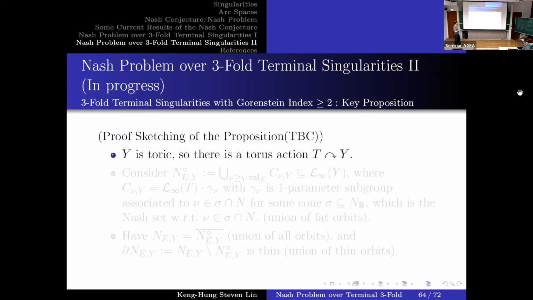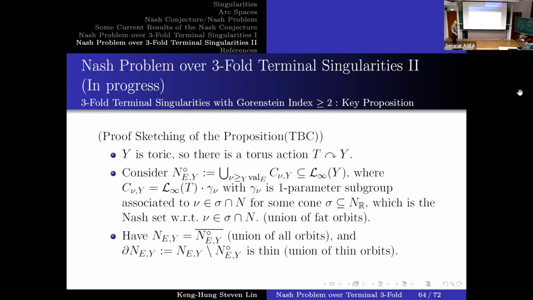This containment is using that the outside space is toric. Therefore, the maximal divisorial set in the ambient space can be written as the closure of the toric actions, taking the union.